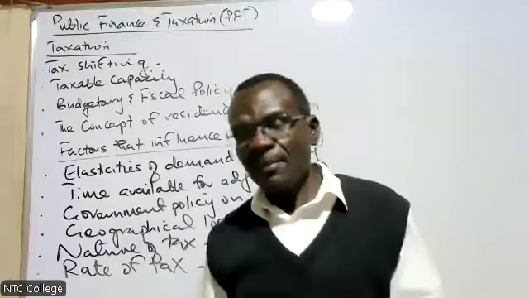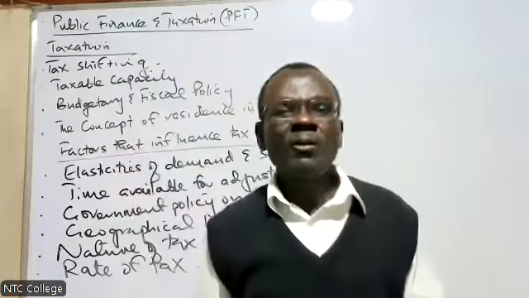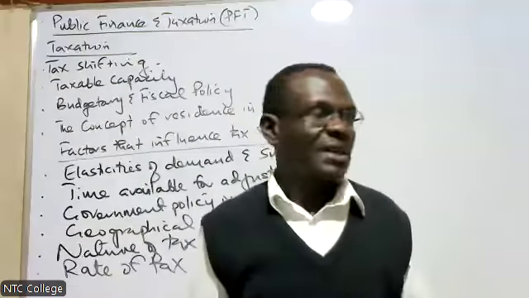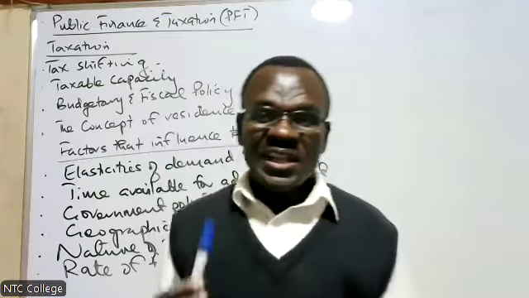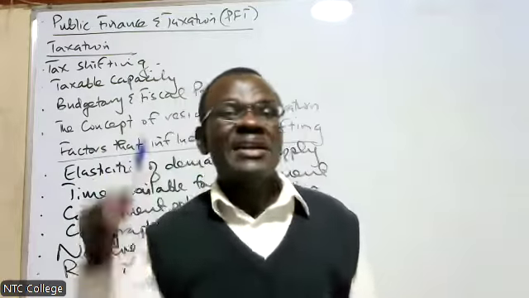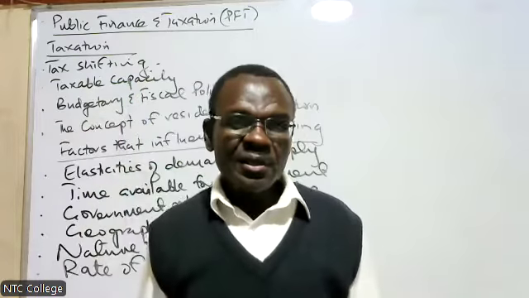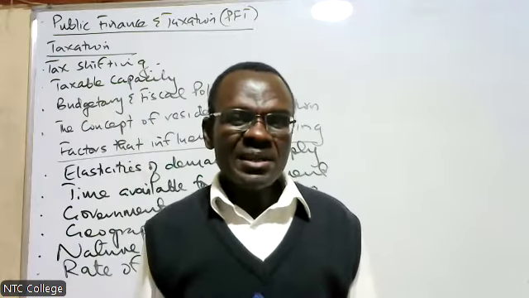I'll give you an example. In 2013, probably that's very long ago, but this will help you understand. In 2013, the government introduced excise duty on airtime for the first time. And the rate that time was 5%. Over the years, it has increased. I think right now it's 20%.